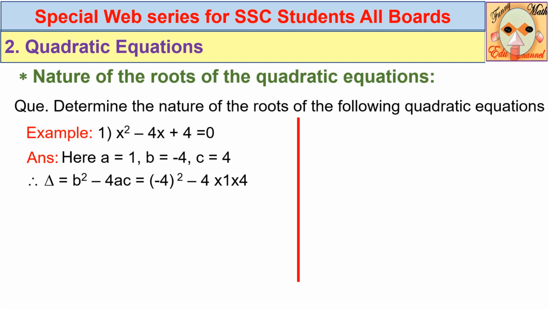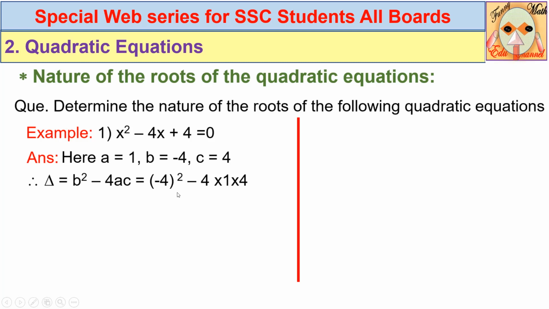Here you have a equal to 1, b equal to minus 4, c equal to 4. Why? Because directly you can compare and you get the coefficient of x square as the value a, the coefficient of x is b, that is here minus 4, and c is the constant, that is 4. And then the calculation of b square minus 4ac: minus 4 bracket square minus 4 into 1 into 4.